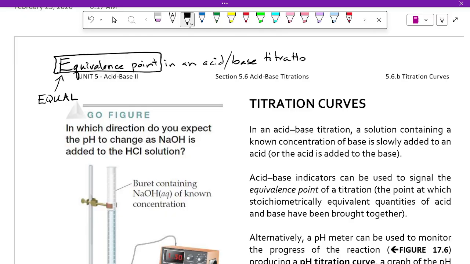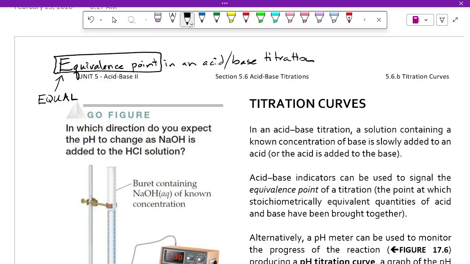It's where the moles of the acid equal the moles of the base. But you have to watch out if you've got a diprotic acid, it's where the stoichiometry is perfectly fulfilled.